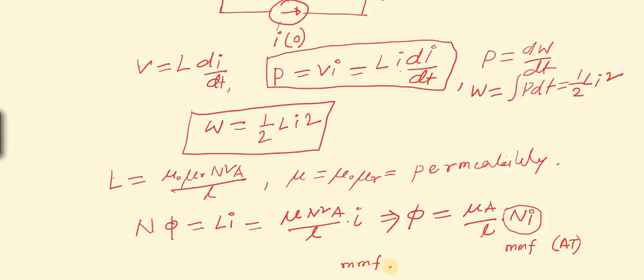From this equation, what will be? φL by μA, or in terms of arranged value you can write L by μA into φ. Ampere turn is equal to L by μA into φ.